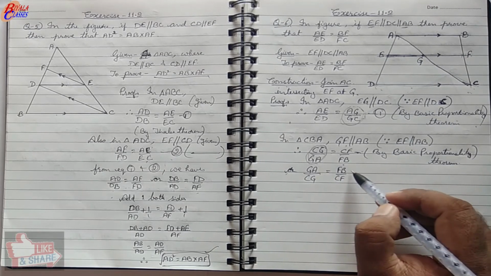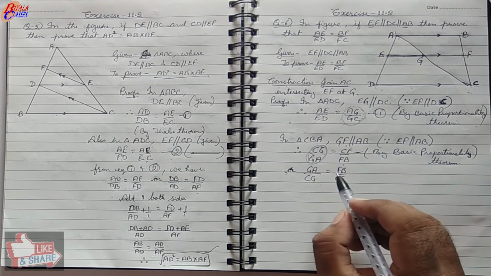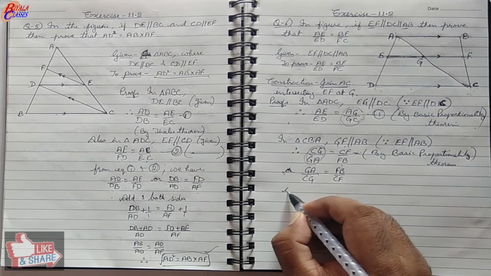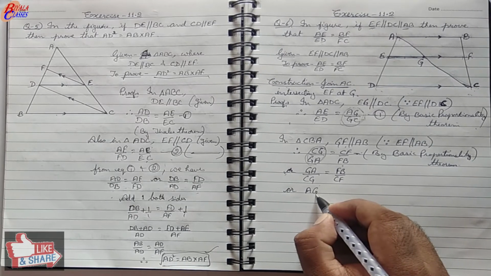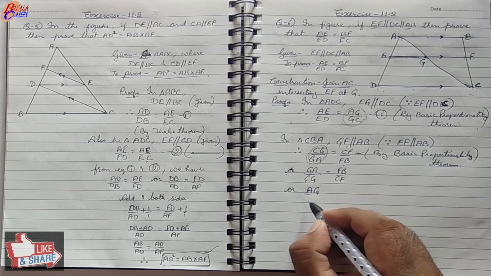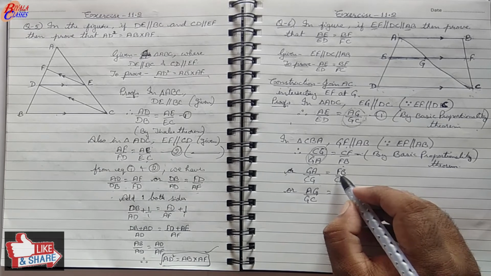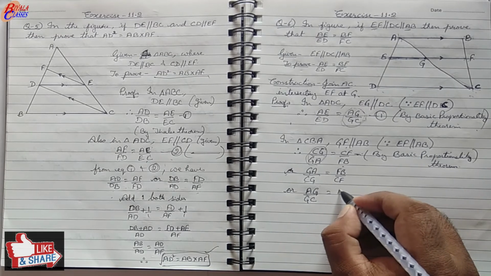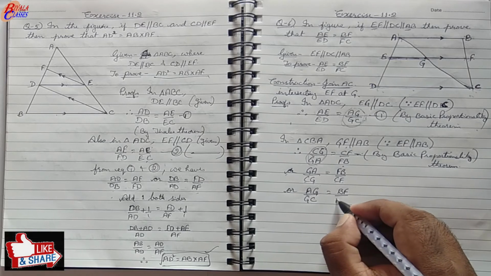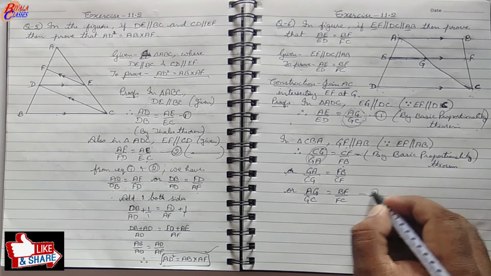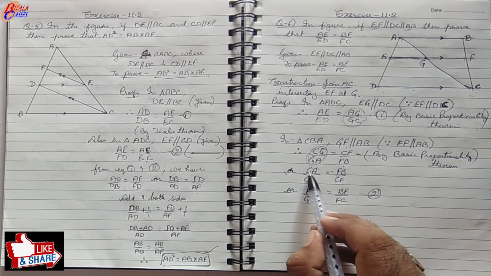Taking the reciprocal, we can rewrite the same result like this. Now this GA you can write as AG, and CG you can write as GC. Similarly here, FB you may write as BF, and CF you may write as FC.